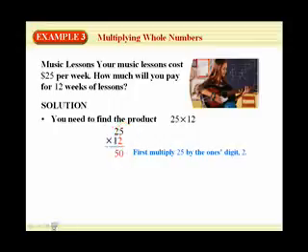Let me go back here. 5 times 2 was 10, and they carried the 1 right here. And 2 times 2 is 4, plus 1 is 5. So we took the ones digit right here times this number, then times this number.